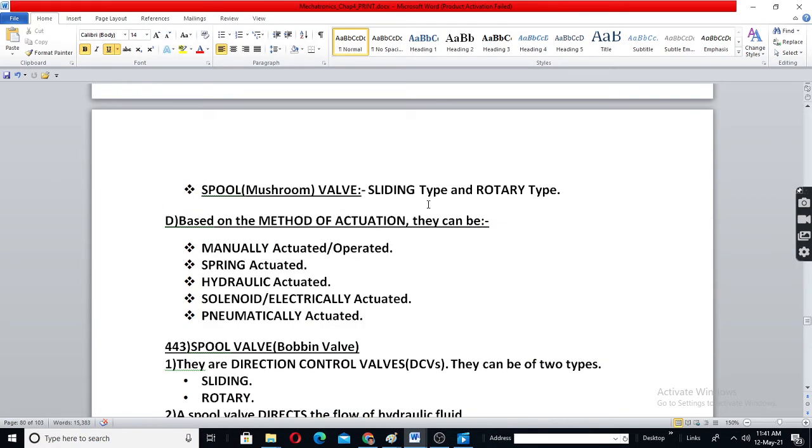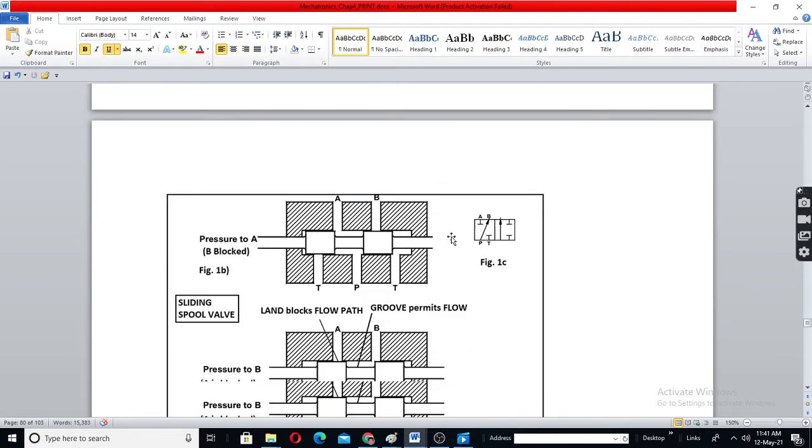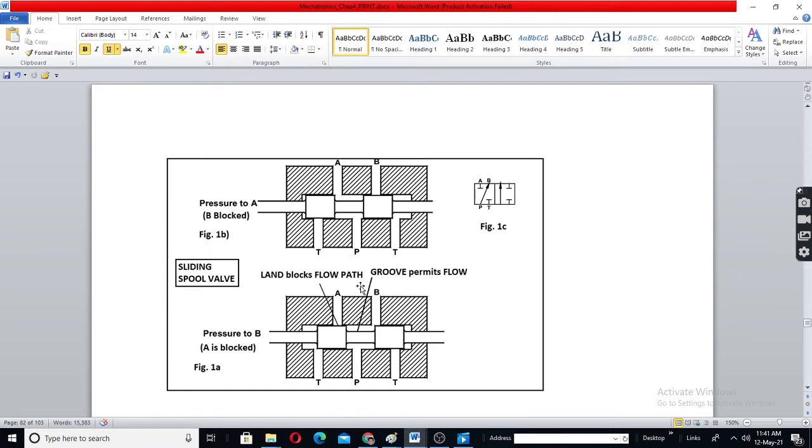See here, here this is a port. Okay, we can see here this is the lobe or land, and this is the groove. It has a cylinder where some holes are drilled.